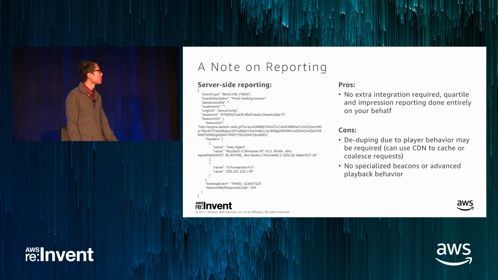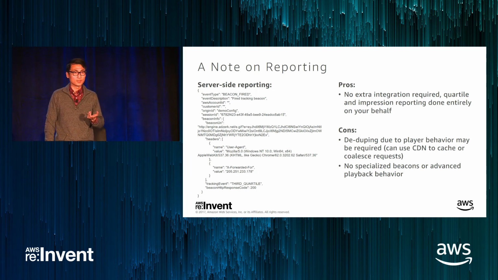But ultimately, the real decision on client-side versus server-side is whether or not you have specialized beacons that your ad providers want you to beacon on. Specifically, these are going to be pause, rewind events, and viewability metrics, and things like that are only possible from the client side, because only the player knows when somebody has paused the stream or rewound by 5 seconds and skipped forward by 10 seconds.